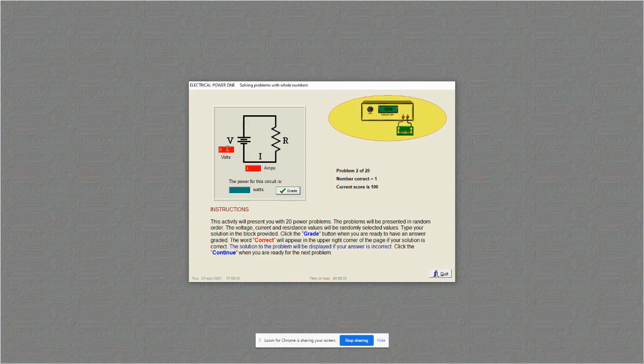This time they gave us V and I, so it's 8 times 4. That'll be 32. Once again, they didn't give us V, so it's 2 times 4, that's 8, then 8 times 2. You get the answer, 16.